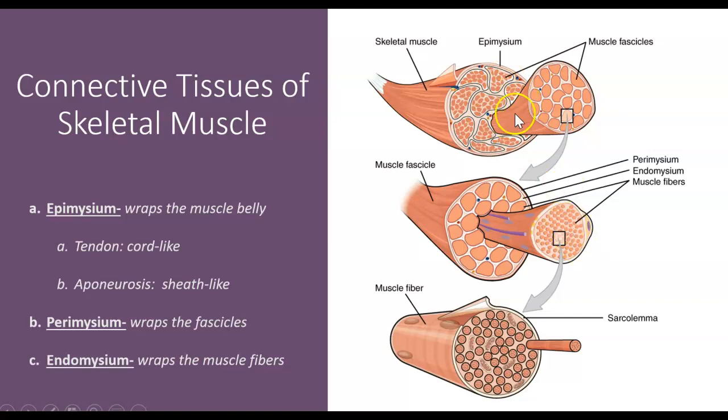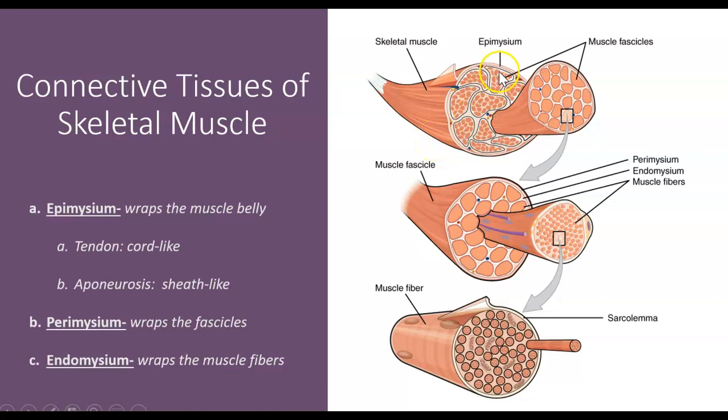Now, around each of these different groupings are tissues that kind of hold everything together. So around the entire muscle is going to be the outermost tissue, which is called the epimysium, and it's going to wrap around the entire belly of the muscle. So you can kind of see here, it will go around this entire thing.